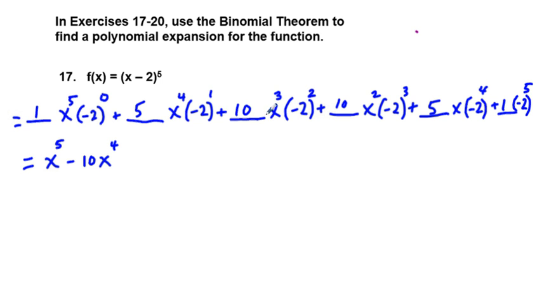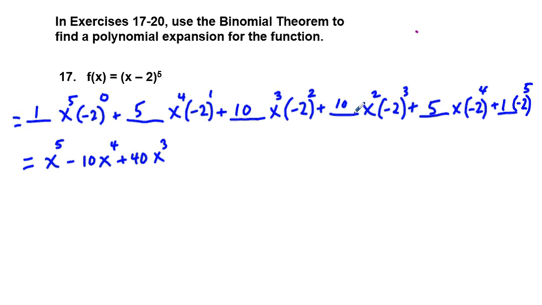Okay, our next term we have here is going to be 10 times negative 2 squared. Well, negative 2 squared is going to be positive 4, and times 10 is 40, so we're going to get plus 40x cubed.